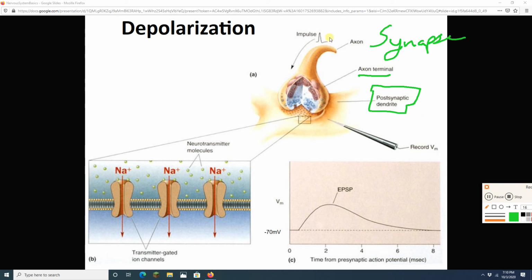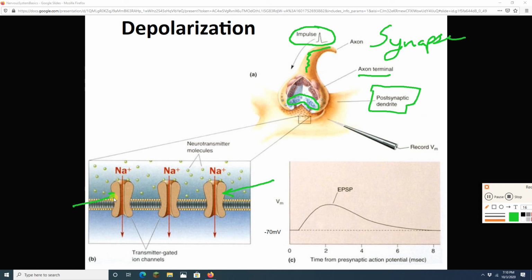Now what's going to happen is an action potential; the word impulse here is referring to the action potential. The action potential goes down this axon and prompts the release of these neurotransmitters, their exocytosis. The neurotransmitters then diffuse across the synaptic cleft and bind to these receptors.